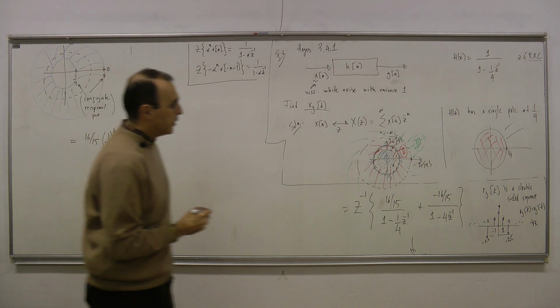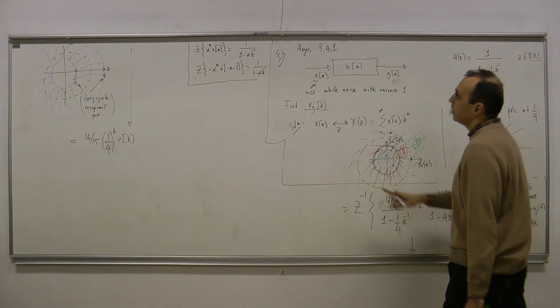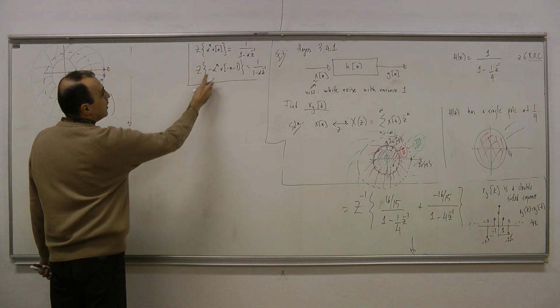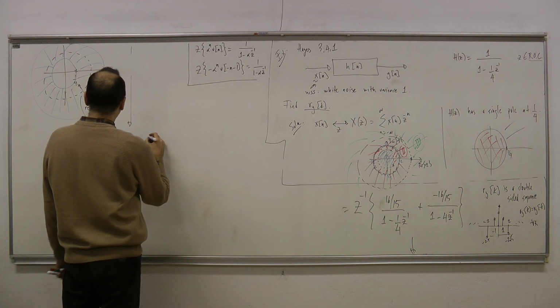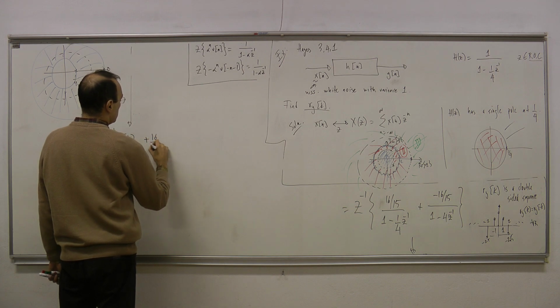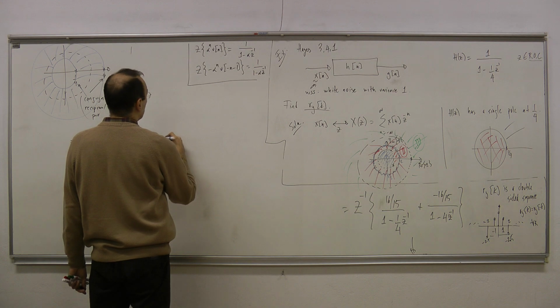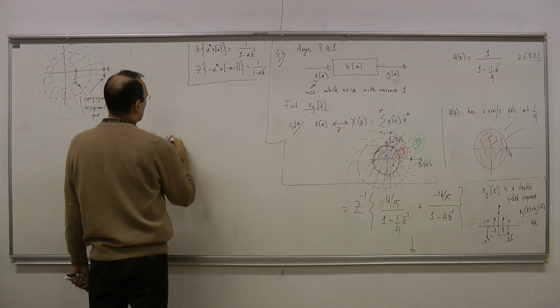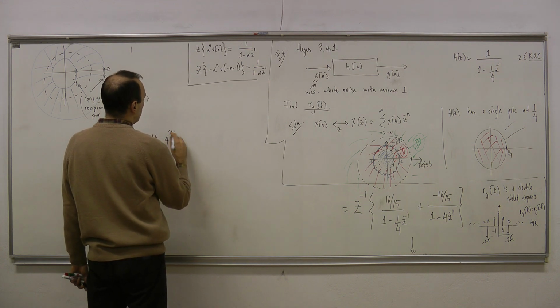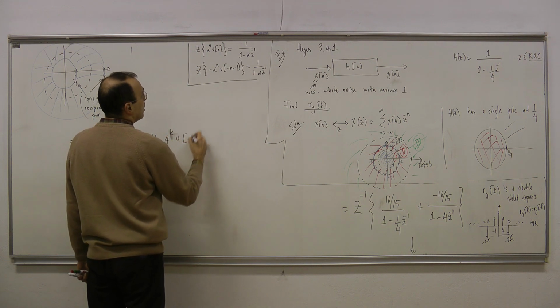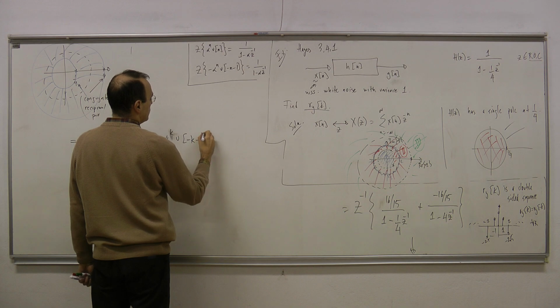Okay. The other one, so this is the anti-causal part. This is equal to minus, or that minus cancels that minus, again 16 over 15, and I have 4 to the power k, u of minus k minus 1.